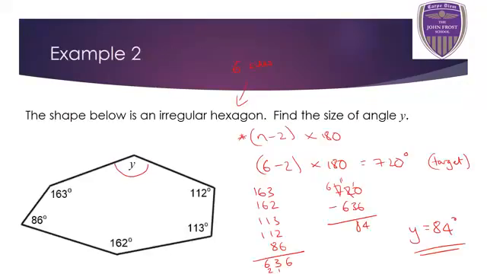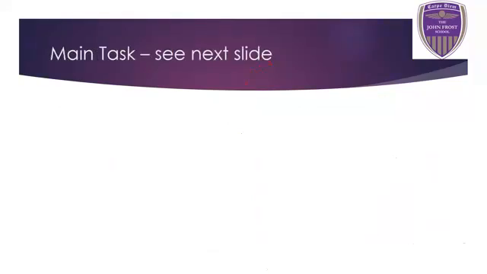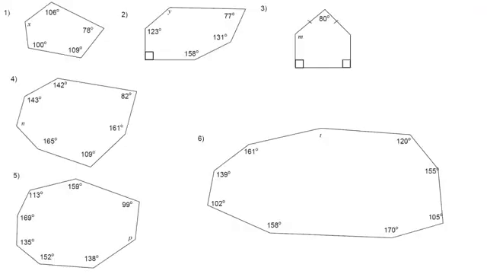All right, so the main task now is on the next slide. What you're probably better off doing is pausing the video, copying the diagrams down, having a go, and then pressing play when you're ready for the answers. So these are the ones that I wanted you to have a go at, and the answers will follow soon. Okay, welcome back then.